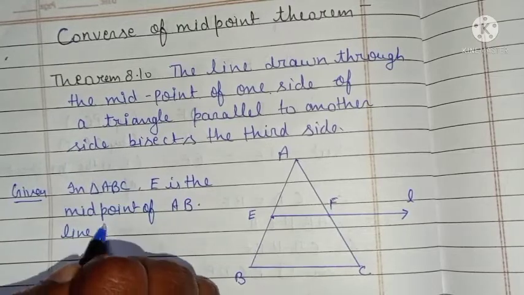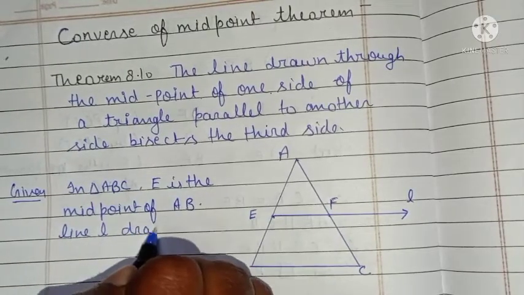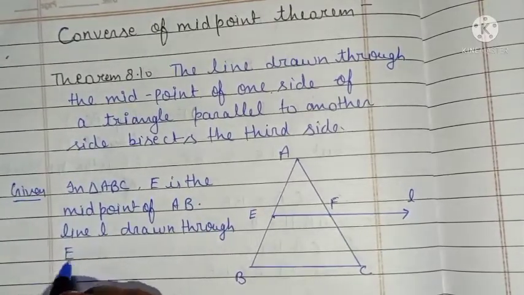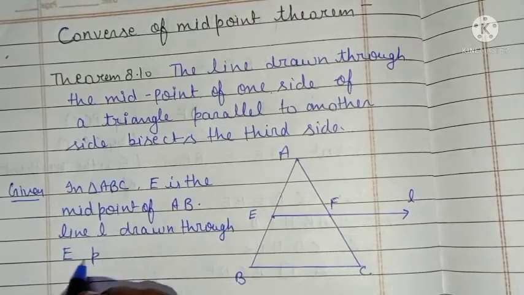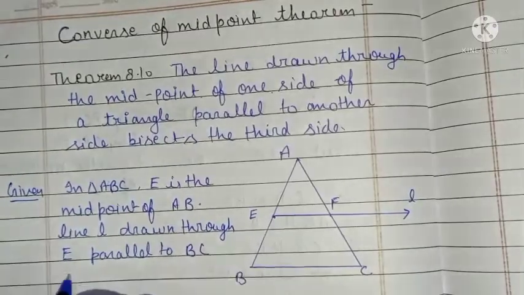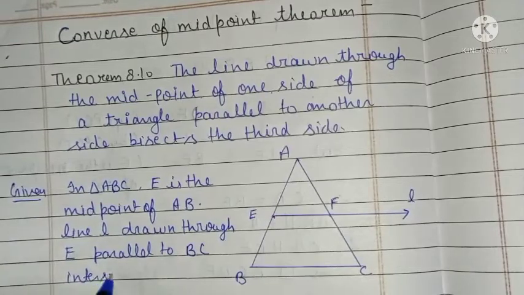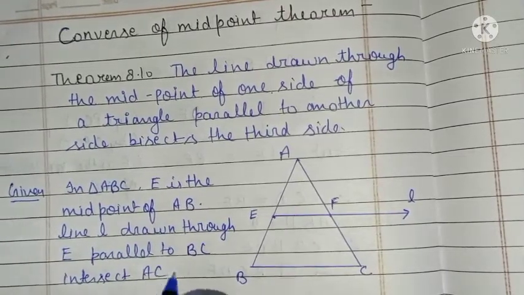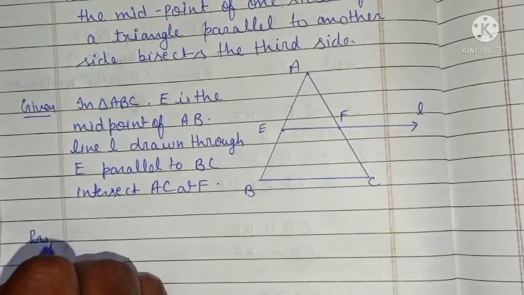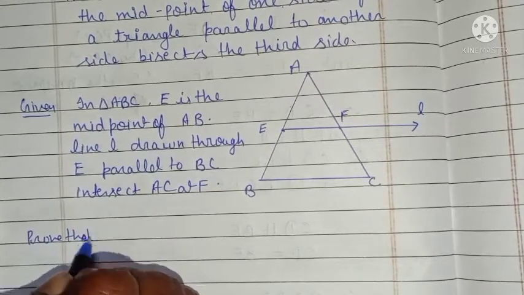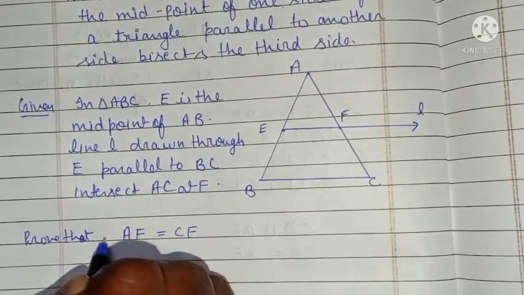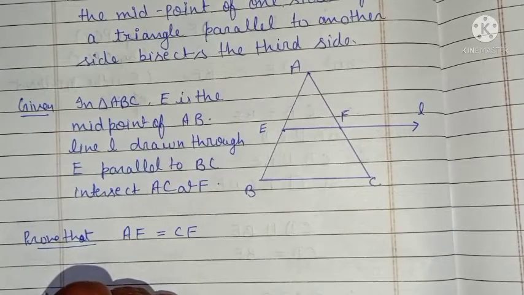Line L drawn through E parallel to BC intersects AC at F. We have to prove that AF equals CF.